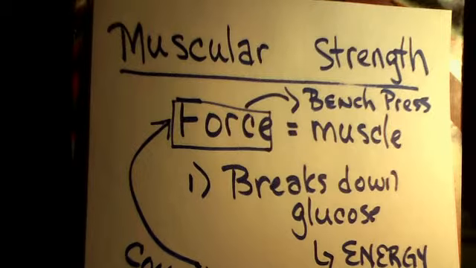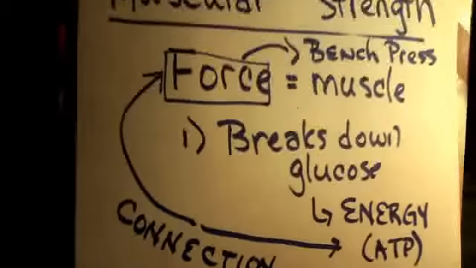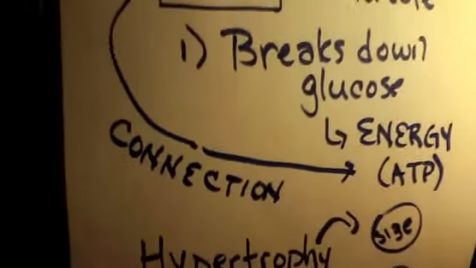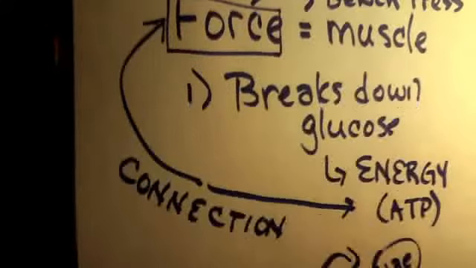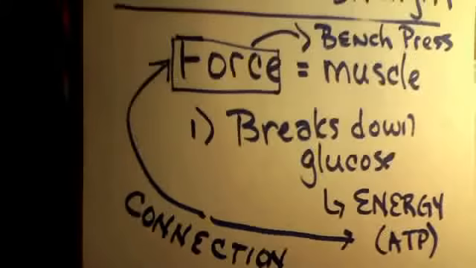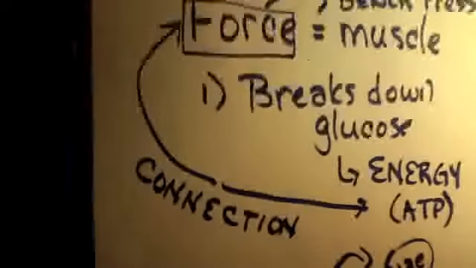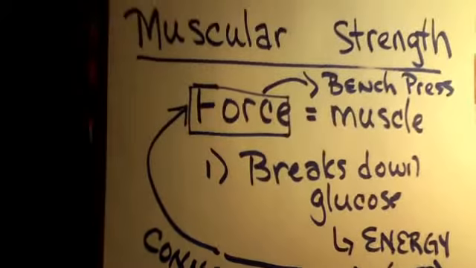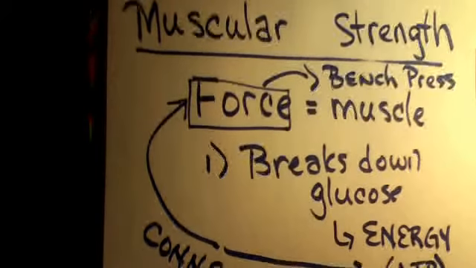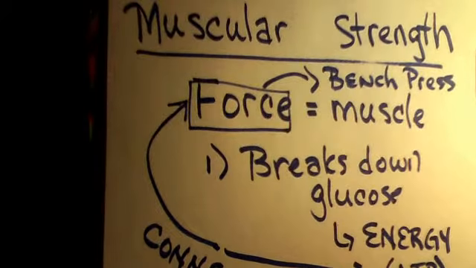So when you have enough energy, enough strength, you're able to produce force. So the connection: when you're able to produce energy, you're able to produce force. Again, enough energy to produce force is when the muscle breaks down glucose.